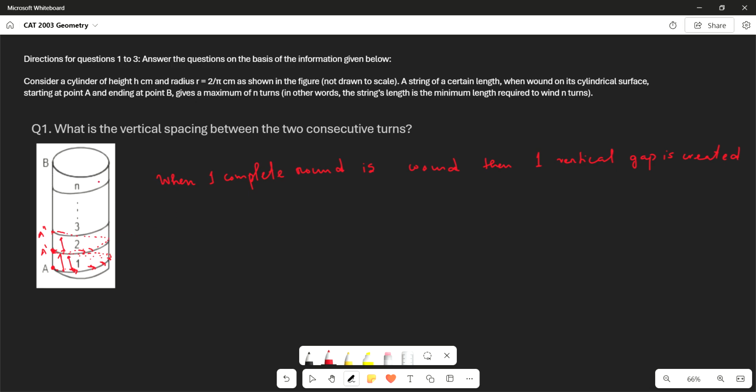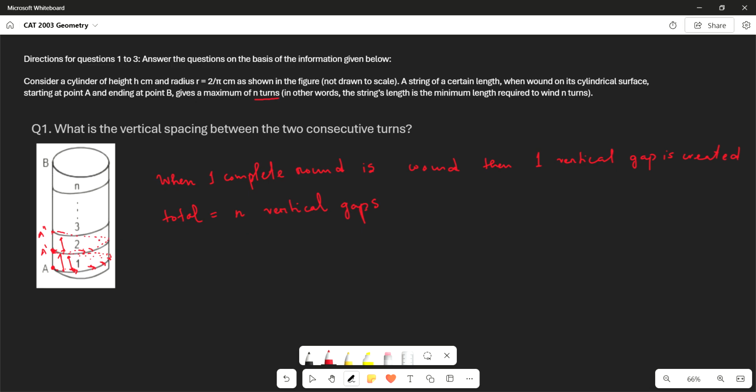So I am completing n number of turns, right? It is given n turns. So that means how many vertical gaps will be created? Total n vertical gaps. When one round is completed, you create one vertical gap. How many turns, or basically rounds, have you completed? N rounds or n turns, so n vertical gaps.